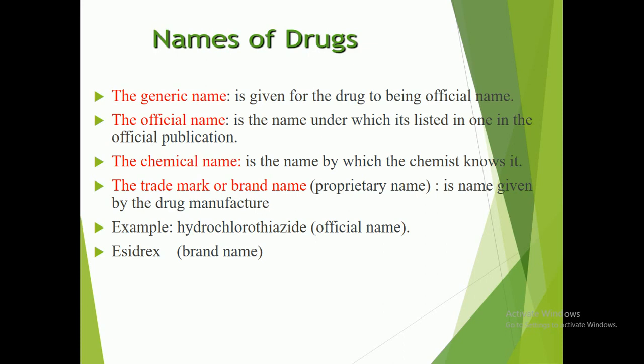And the second one is Azitrex, which is the brand name, the market name. Similarly, Protopex is the brand name, and pantoprazole is the official name which is used throughout the world.